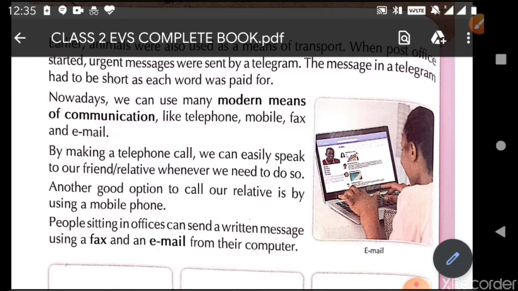Telephone, I have told you what a telephone is. With a mobile phone you can talk to anyone immediately, sitting in any corner of the world, easily without any delay, without any problem. We can send messages. Now WhatsApp is so common, we can send any message, any picture immediately through WhatsApp. There are so many apps and platforms, like YouTube.